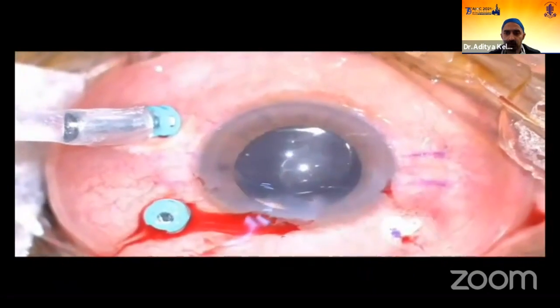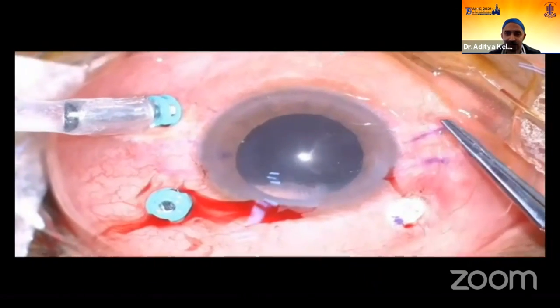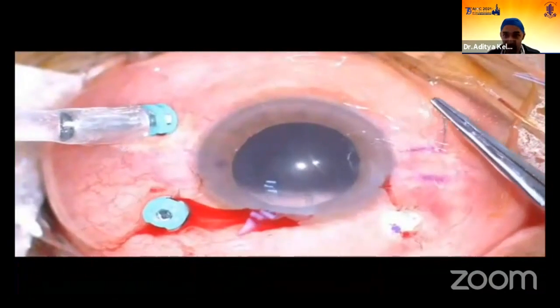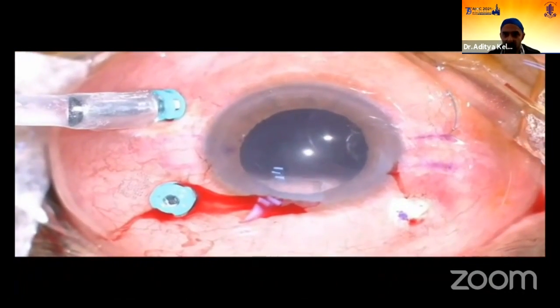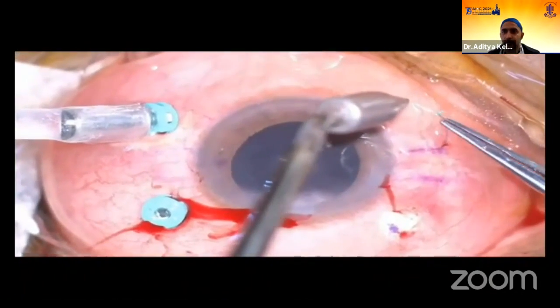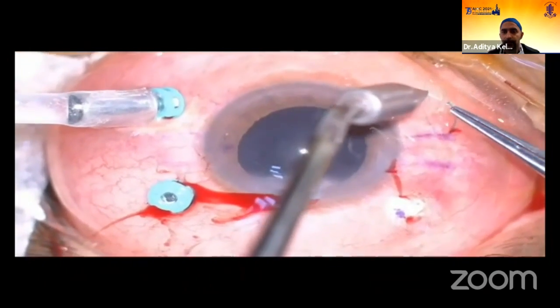So luckily, at least one haptic is still outside. This was also almost going in completely, but luckily we could rescue that. And we make a slightly bigger flange.